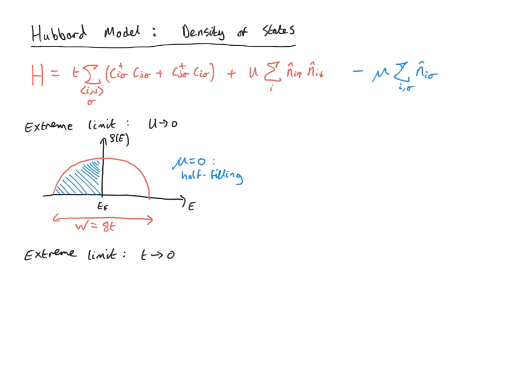This is the so-called atomic limit, because we imagine each atom being now totally isolated from all of the neighbours. What do we expect from the density of states in such a case? We again plot the number of states per energy as a function of the energy on the x-axis, with the Fermi energy in the middle.